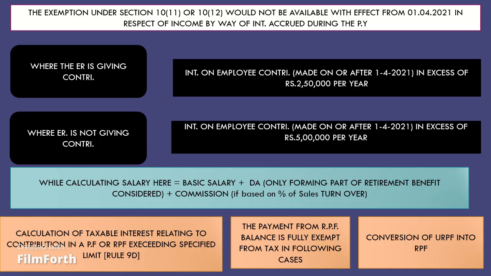Point 2, any contribution made by the person in the account during the previous year 2021-22 and subsequent previous years, which is not included in the taxable contribution account. And Point 3, interest accrued on Point 1 and Point 2, as reduced by the withdrawal, if any, from such account.